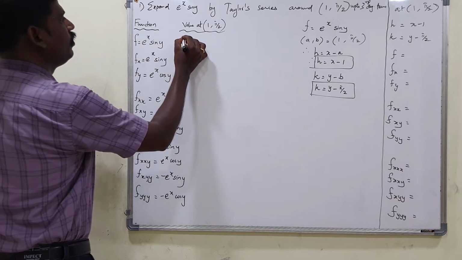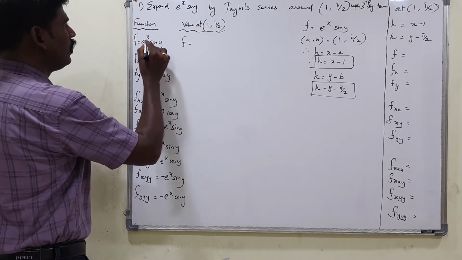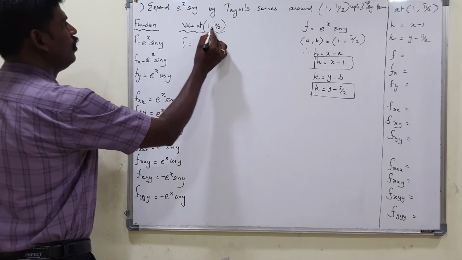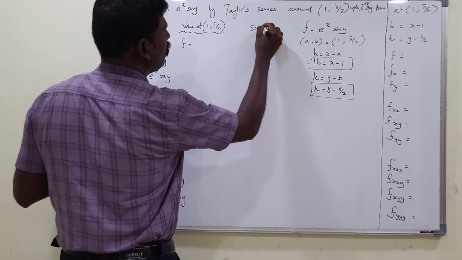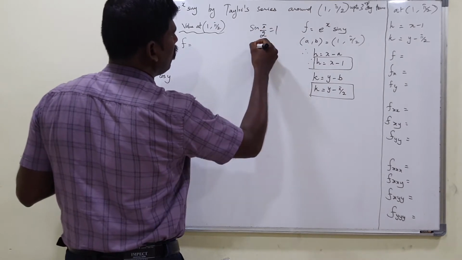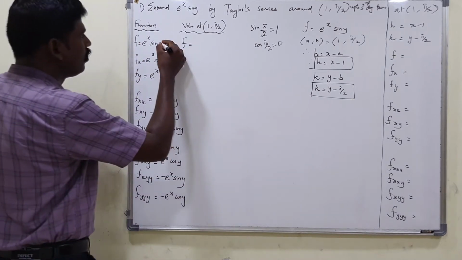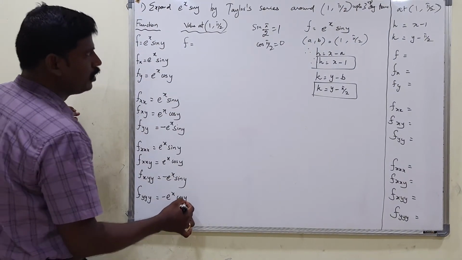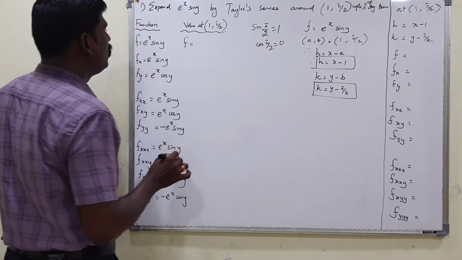Now I am going to find the function values. So what is f? By putting x equal to 1 and y equal to pi by 2. What is sin pi by 2? Sin 90 is 1. What is cos 90? It is 0. So wherever you see cos y, the value becomes 0, isn't it?